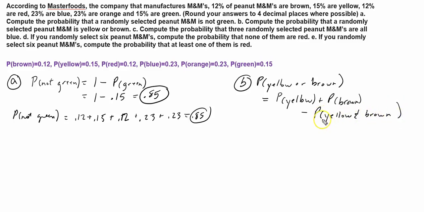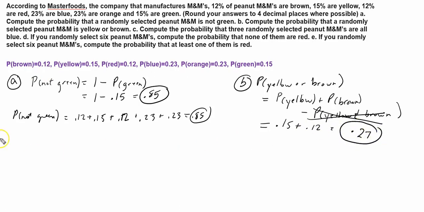Now, it's impossible to get an M&M that is both yellow and brown, so that probability is 0. And so we're just going to add up both of these. The probability that you get an M&M that's yellow is 0.15. The probability that you get an M&M that's brown is 0.12. And when you add those together, you get 0.27. So the answer to part B is 0.27.